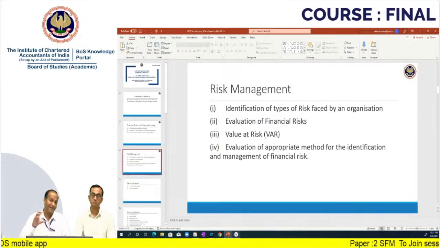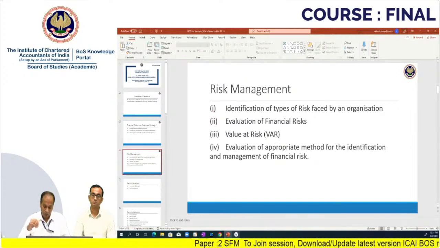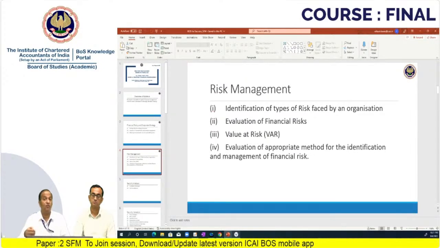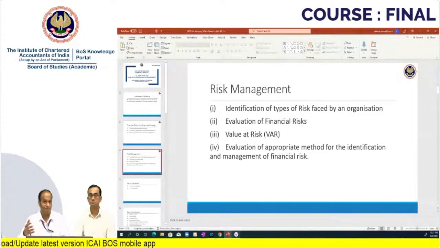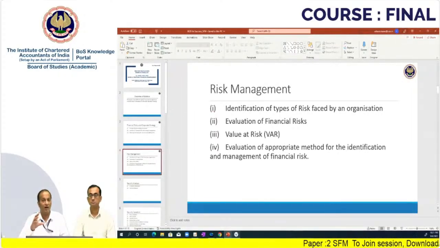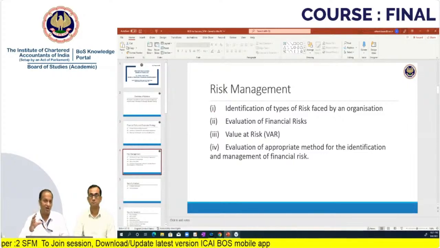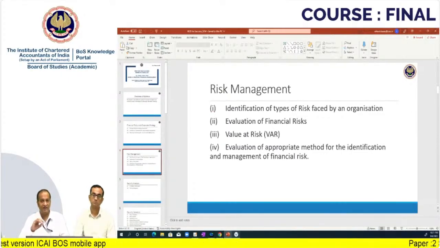So cash is non-generative, but you have to keep cash with you to meet your contingencies. So there you have to strike a balance; this is called the trade-off between liquidity and profitability.